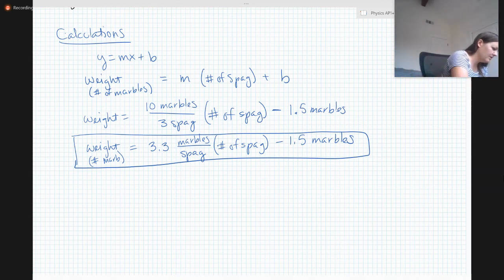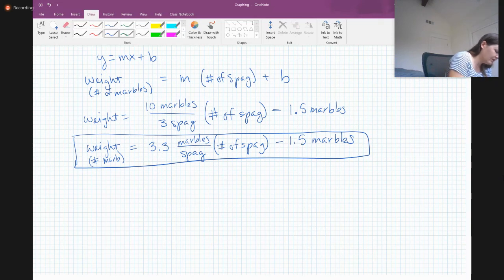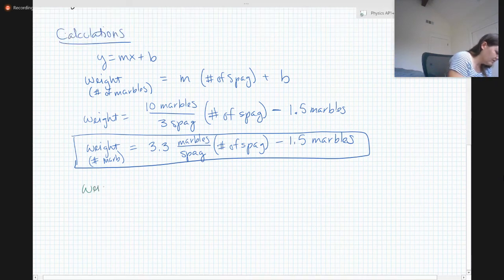So if we're going to write our new general equation, I want another color. Green. Okay, so we're going to have weight and number of marbles is going to be equal. We want to think of what these units mean.